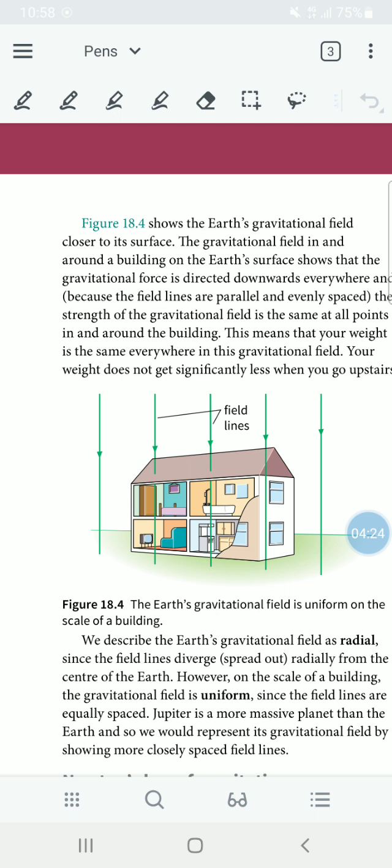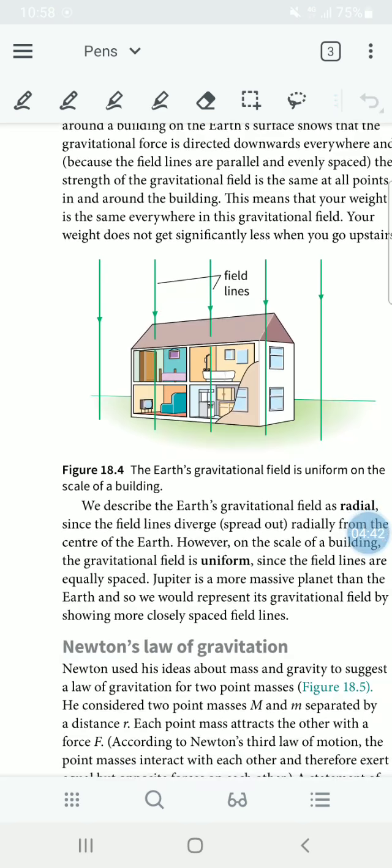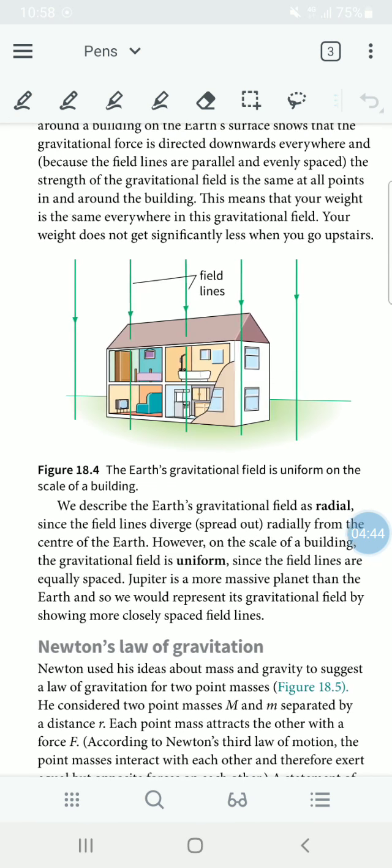Even though it is radial, that is emanating from a central point and going in a spherical pattern, it acts as if it is parallel, very close to the Earth, because the field lines are equally spaced.